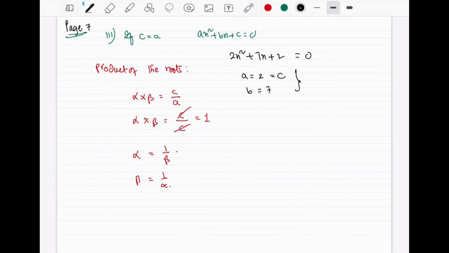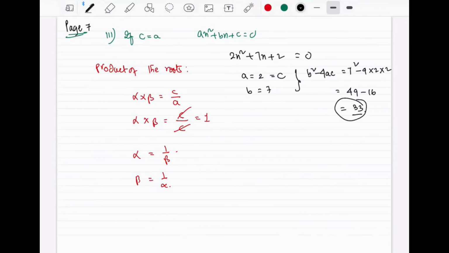Find out b squared minus 4ac. So it will be 7 squared minus 4 into 2 into 2. 7 squared is 49. 49 minus 4 into 2 is 8, 8 into 2 is 16. 49 minus 16, so we have got 33. When you find out the roots, you will see that alpha and beta are the reciprocal of one another.